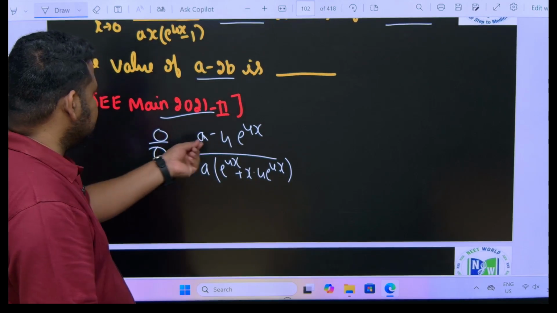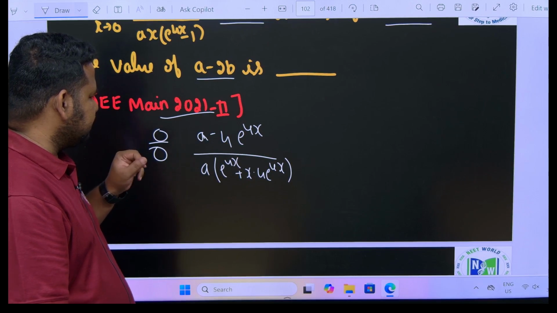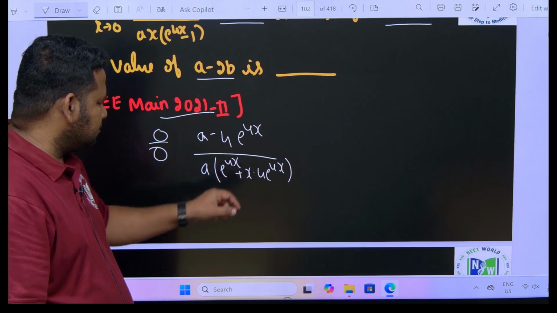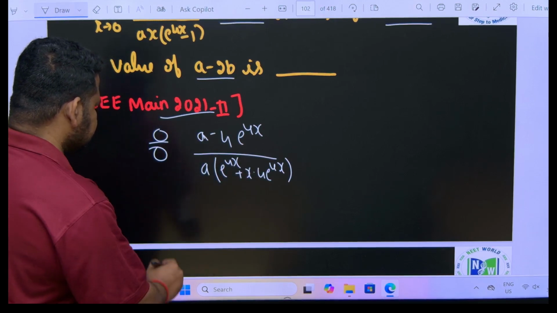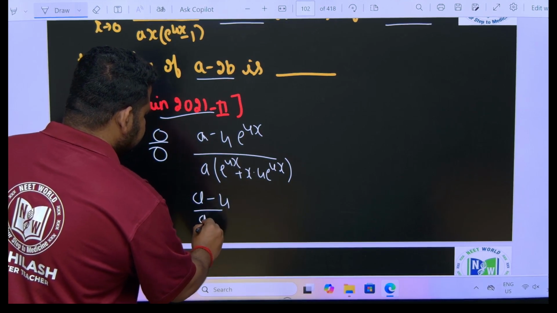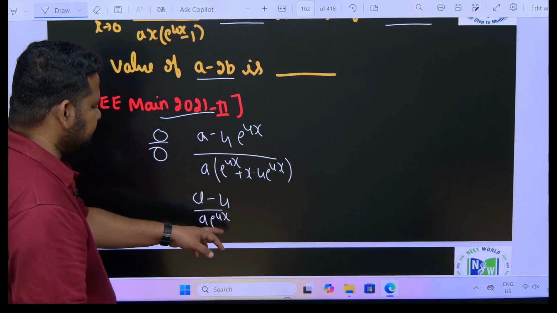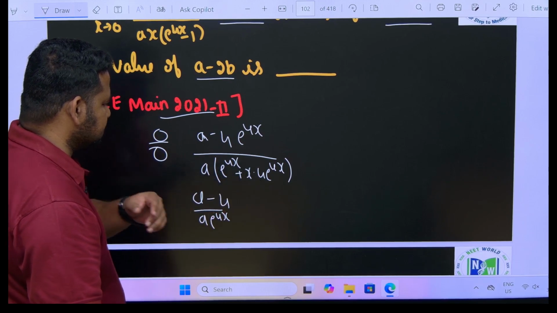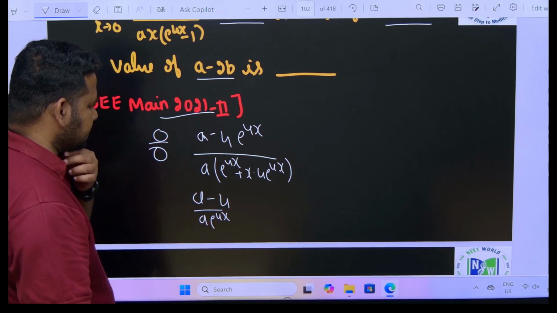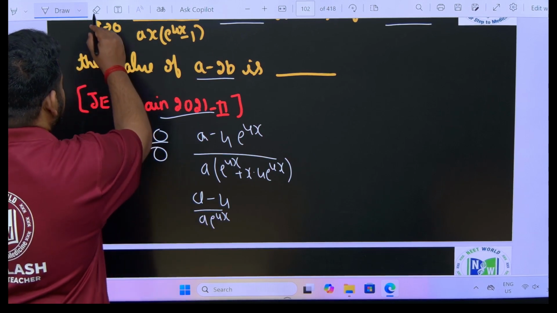If I apply 0, a minus 4 into e power 4x gives a minus 4, and the denominator becomes a into e power 4x plus 0, so that is 1 plus 0, which is again a into 0.